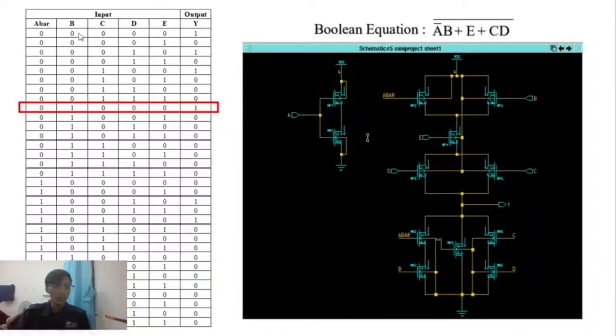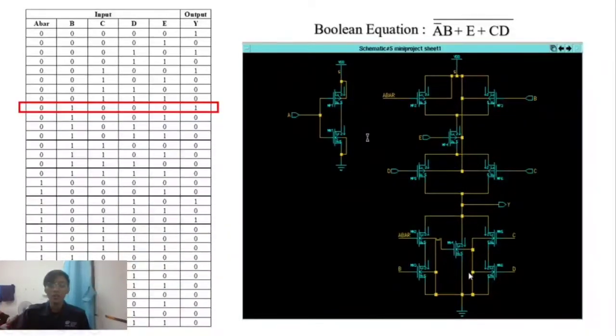In this case, B is 1, so VDD cannot go through B. So how does the VDD go through to the output? It will go from the A bar, then go to the E, and it can go through either D or C, and then it will go to the output.